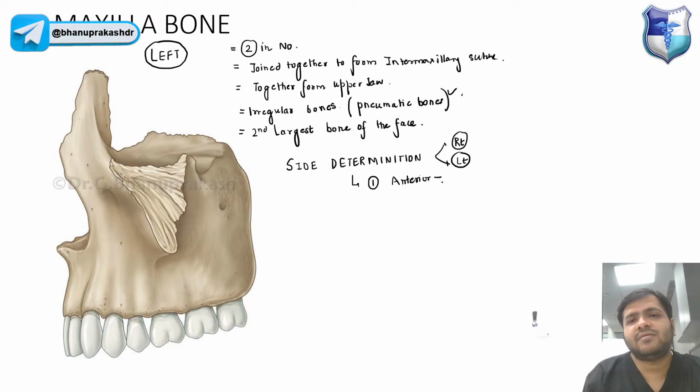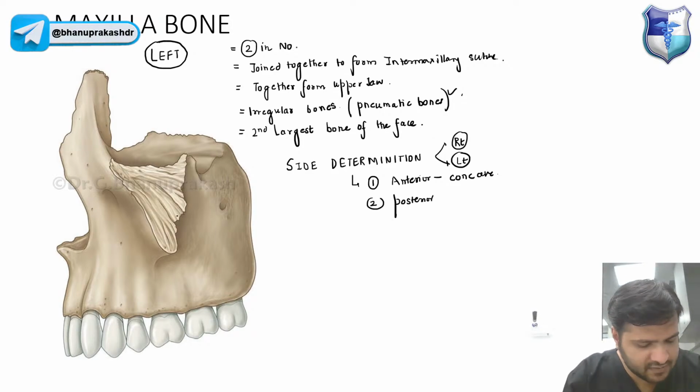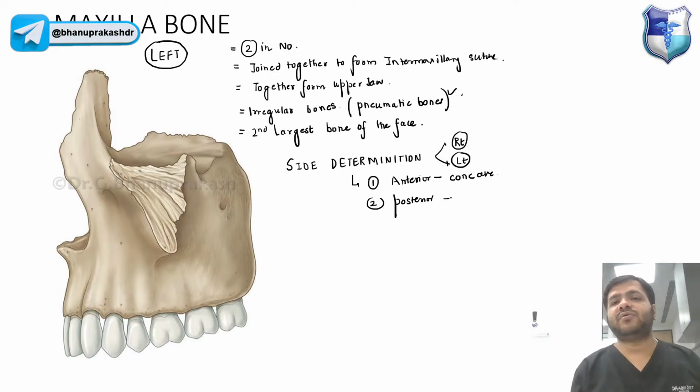The anterior surface is concave, and the posterior is convex. The front part, beta, will be more concave, and the posterior will be more convex, right?